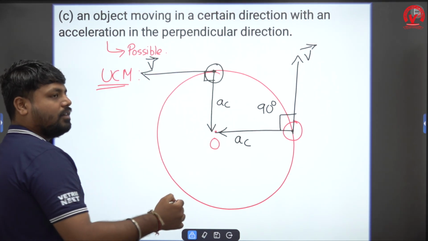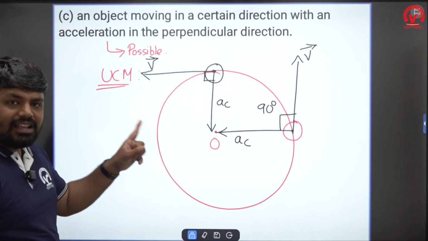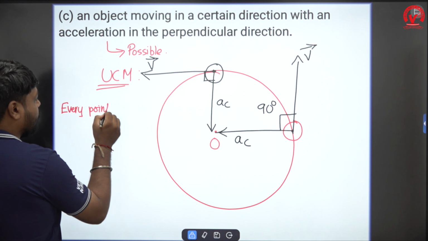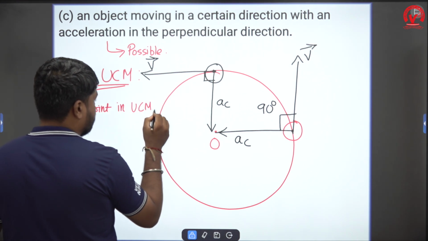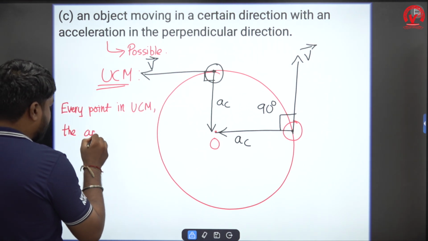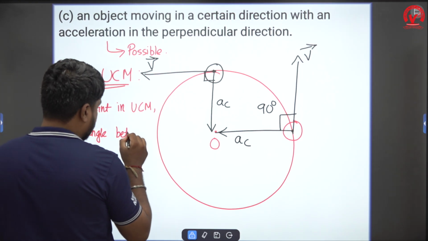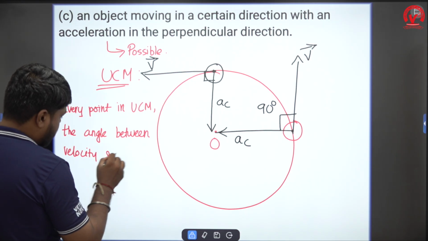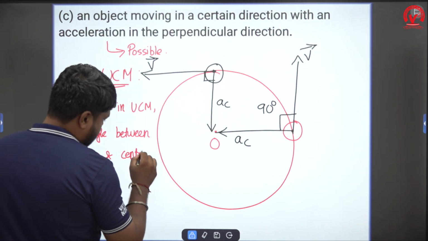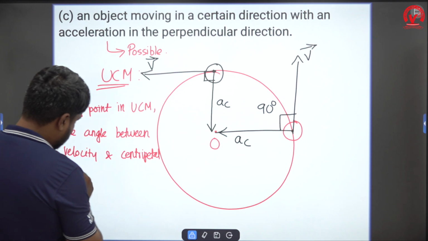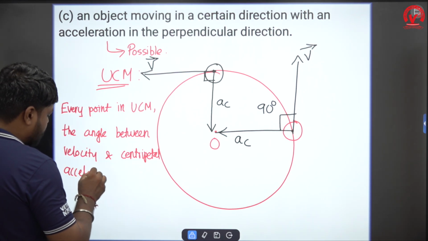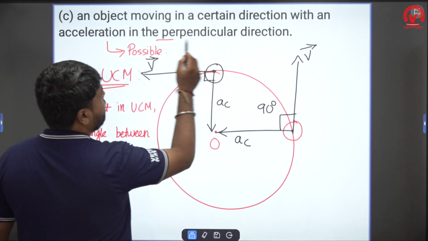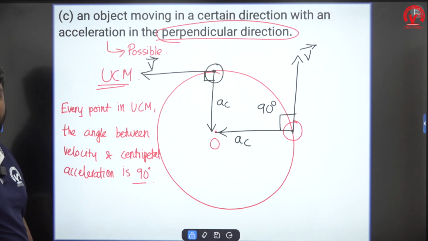So at every point in uniform circular motion, the angle between velocity and centripetal acceleration is 90 degrees. That is what the question asked. Perpendicular means 90 degrees. Can you understand?